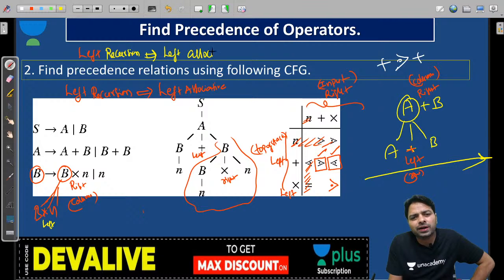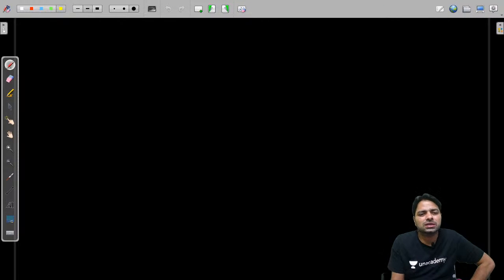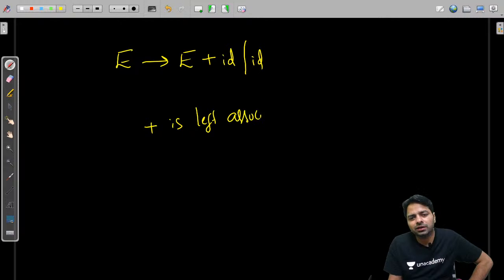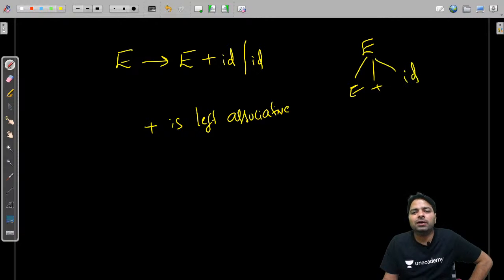So there is one funda here, and most of the time it has happened in the exam because that is easy to answer. When you have E derives E plus ID or ID, that means plus is left associative. Direct. You need not prove it because that is how it happens. E plus ID. If you get one more plus, that plus must be from the left side.